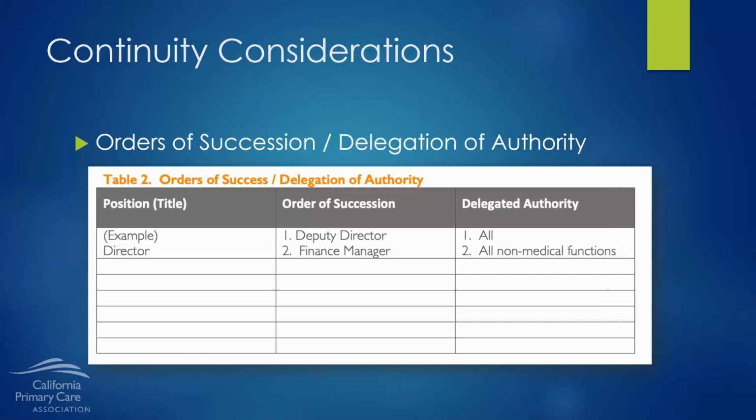So with continuity, I want to talk briefly about orders of succession and delegation of authority. There is a table that we adapted from the COOP plan template that hopefully you have something similar to this already, or maybe just verbally with your staff you have sort of informal agreements for succession.